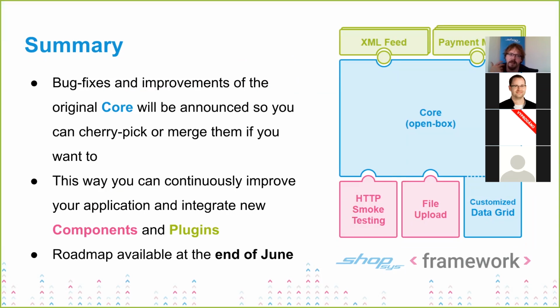When we make some bug fixes or improvements in the original core repository, we will announce it on our blog or in the changelog or in any other way. And if you decide you want them included in your project, you can cherry pick them or merge them. Later we will describe how we work with the history on Git.